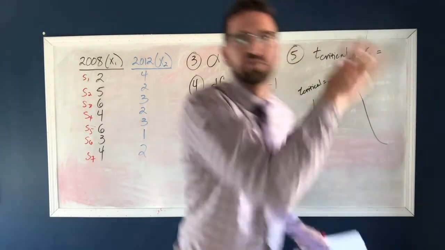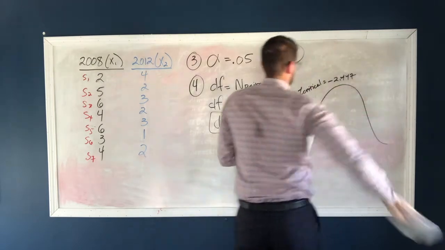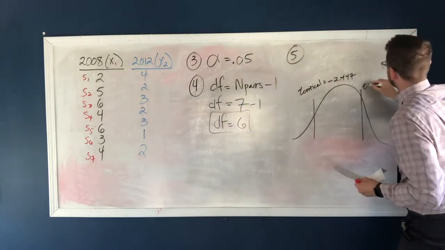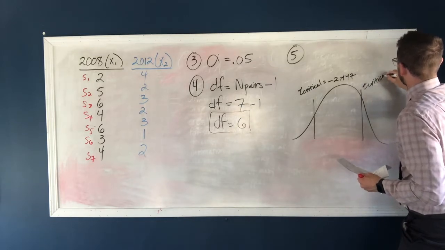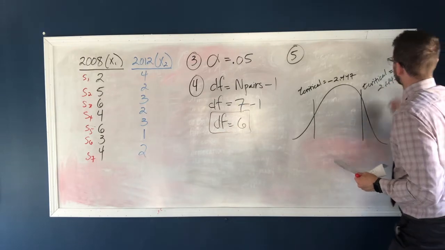I'm going to erase the T critical above, it's getting in my way. Okay, so I put in the negative T critical, positive T critical.